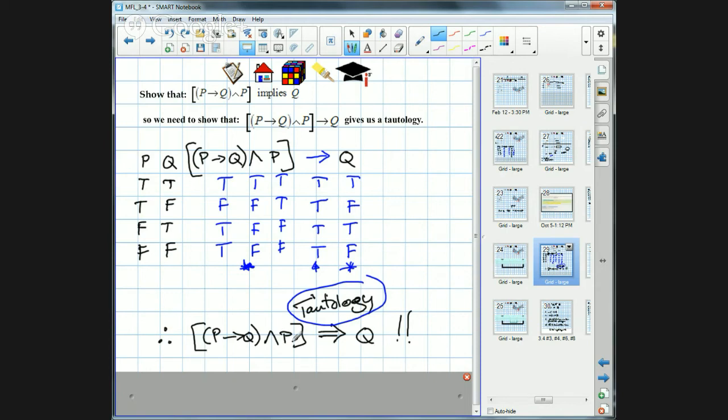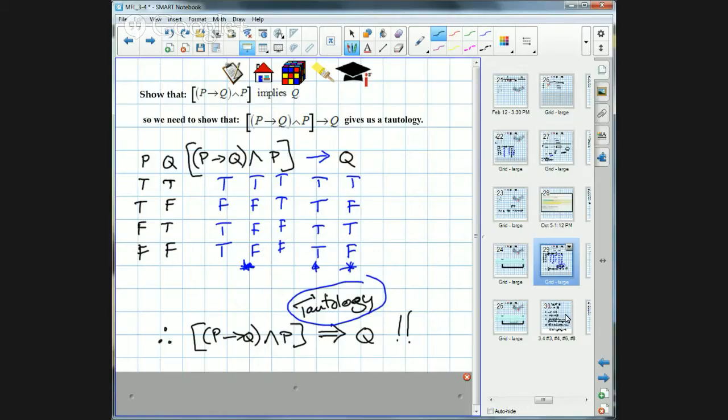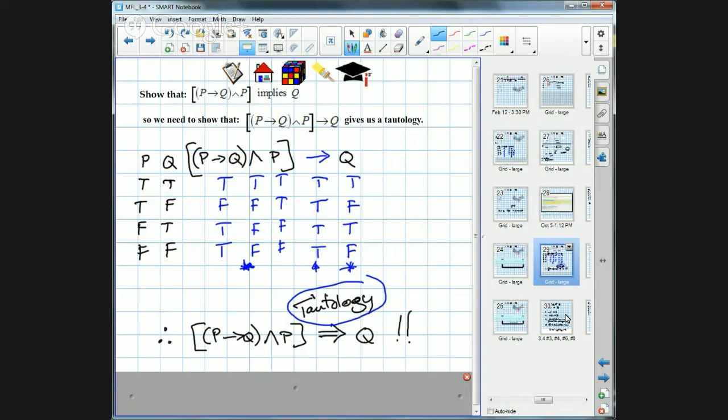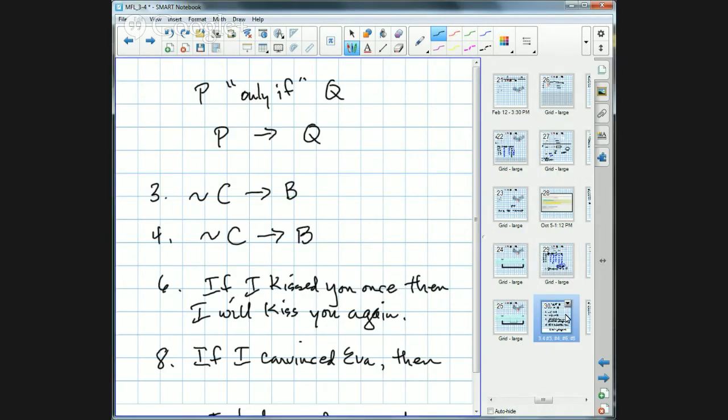So if you have this thing over here to the left, you're guaranteed to have this baby. So an implication is kind of like a guaranteed result. I know that's new, and it'll take you guys a little while maybe to adjust to that.